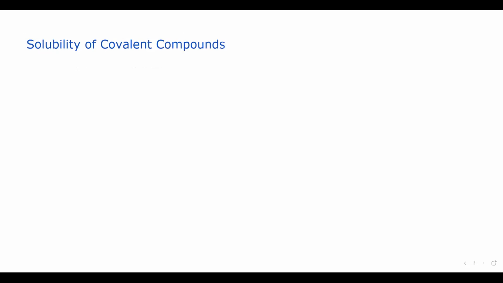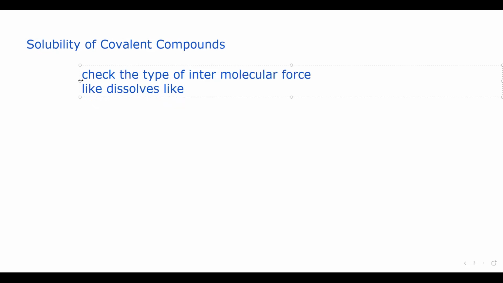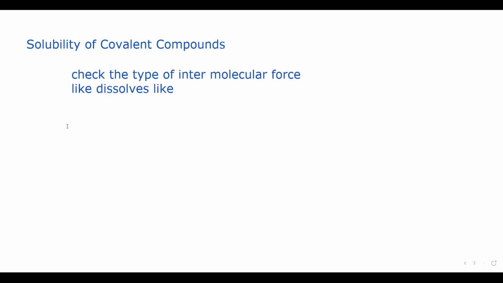We have to check the type of intermolecular forces. And always remember the term "like dissolves like". If they have identical types of forces, even if only one of the forces is identical, it will dissolve. But if they have different types of forces, then it will not dissolve.